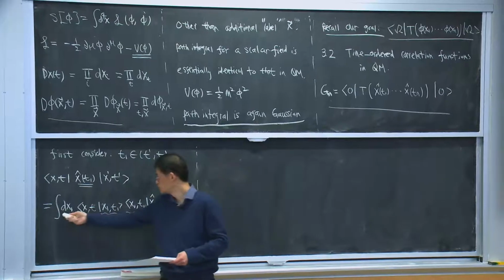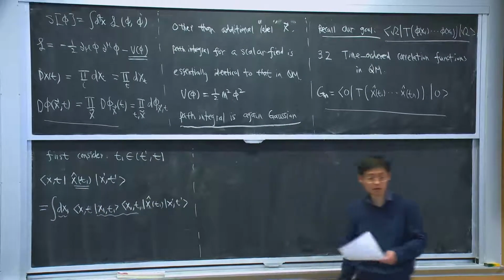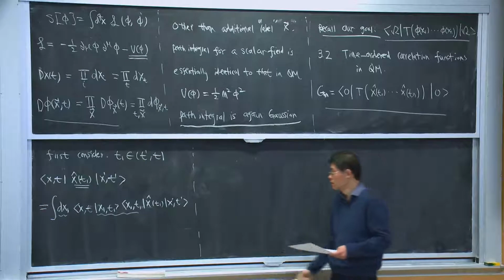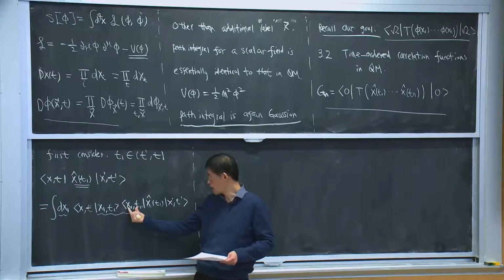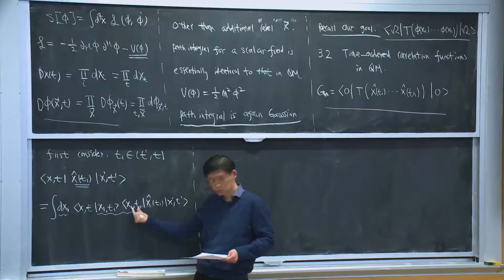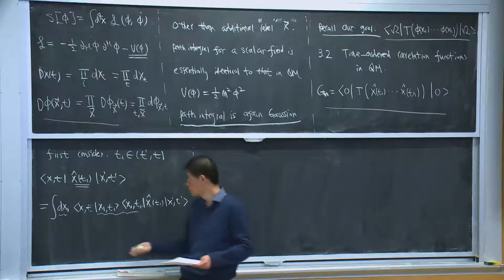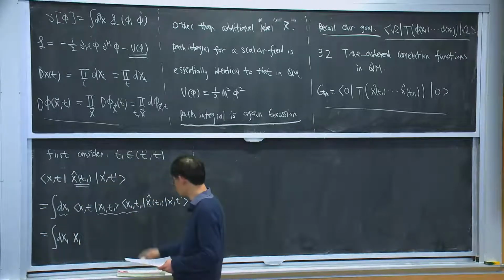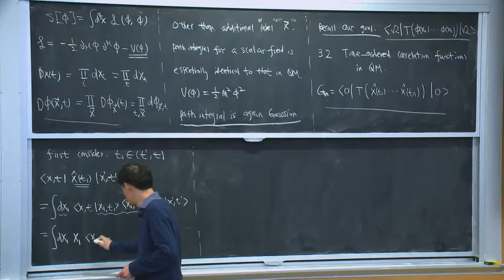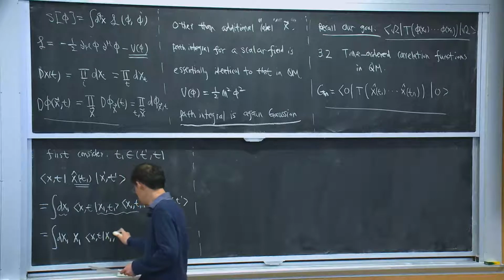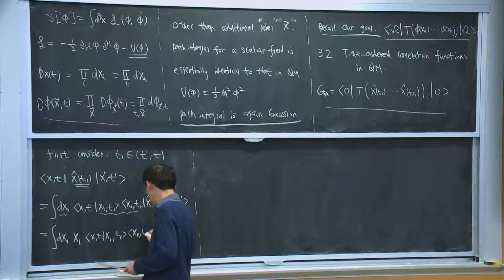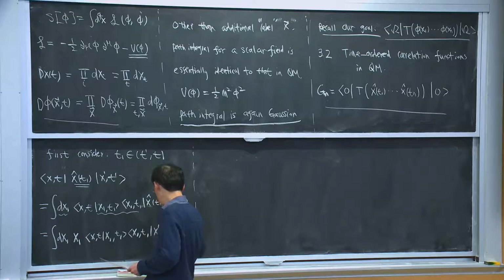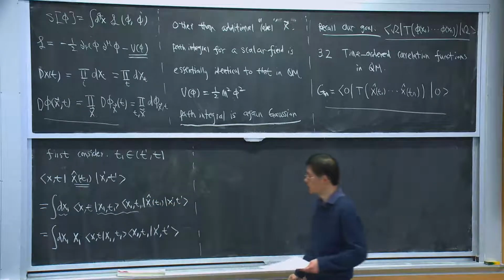This integrates to 1. Since this is an eigenstate at t1, when x hat acts on it you just get the eigenvalue x1. Then you get <x,t|x1,t1> x1 <x1,t1|x',t'>.